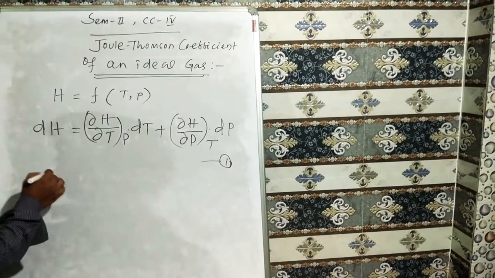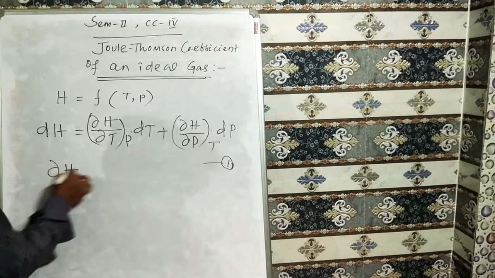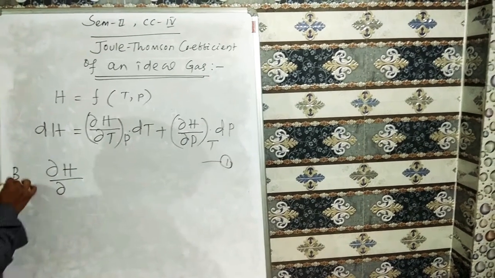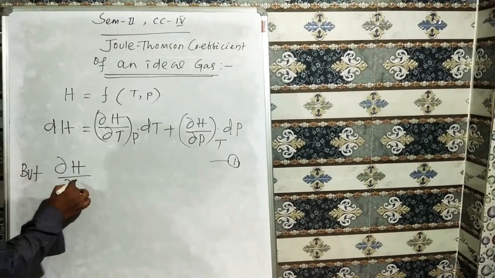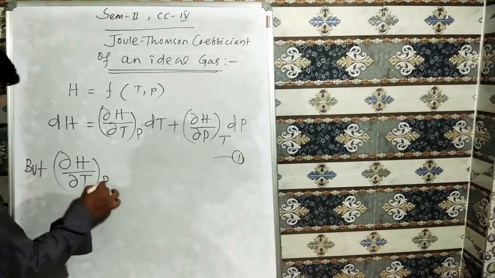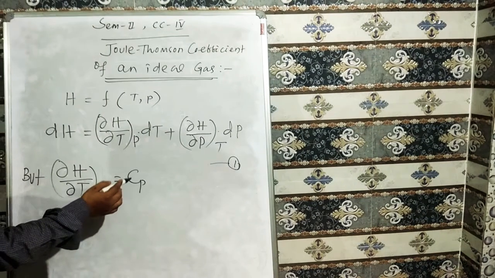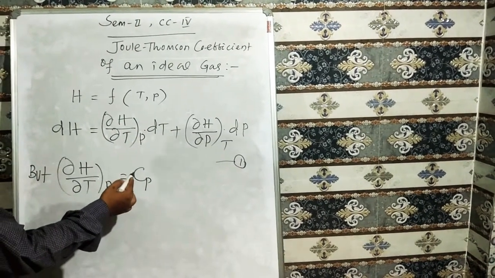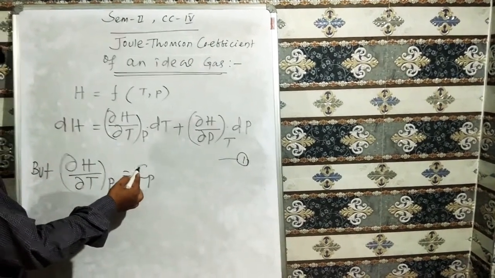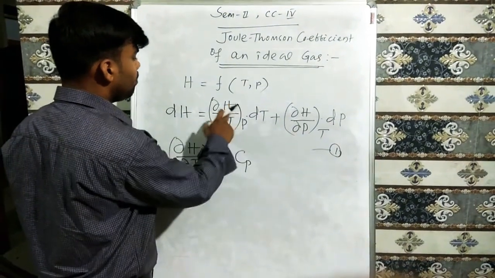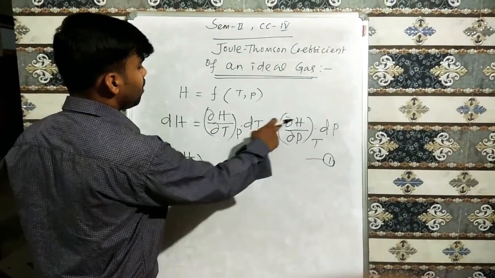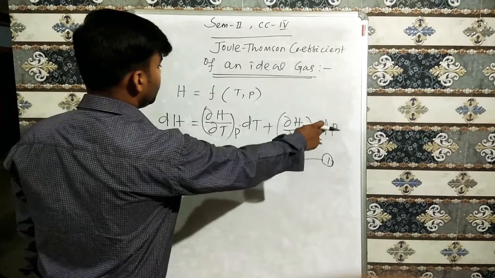Now, we know del H by del T at constant P is equal to Cp, the heat capacity of the system at constant pressure.